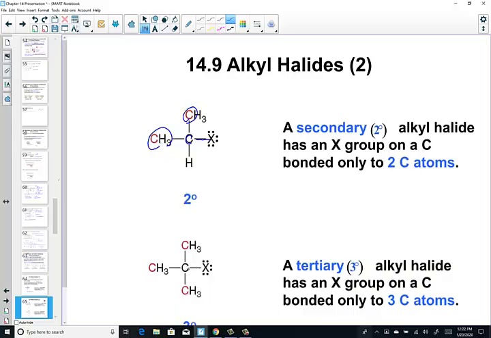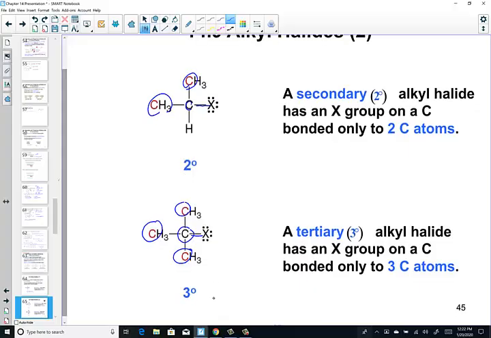And of course, you see the carbon that's attached to the halogen, if you go out to all other bonds and they all lead to carbons, you recognize that as a tertiary alkyl halide. How many carbons is the carbon attached to the halogen attached to?